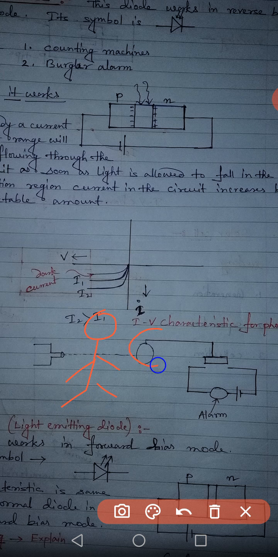There will be no desired current in the photocell or photodiode. As a result, this metallic plate will no more remain in its lifted position, but it will fall down, and once it falls down, it will come in contact with this circuit.